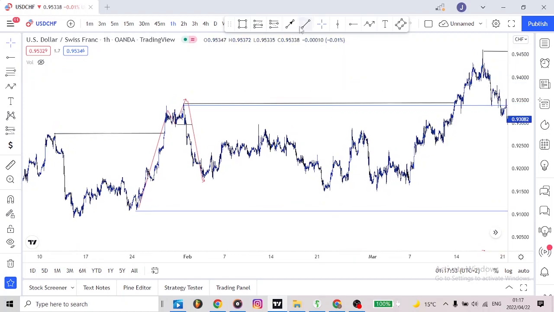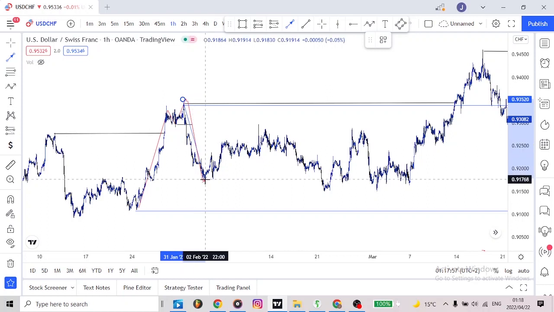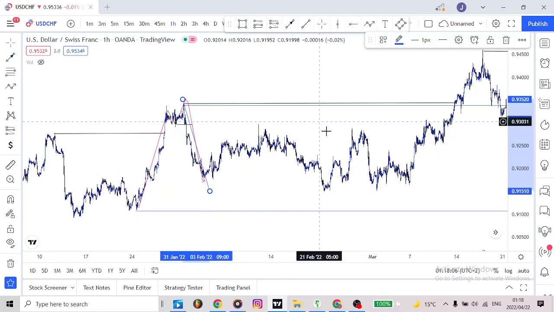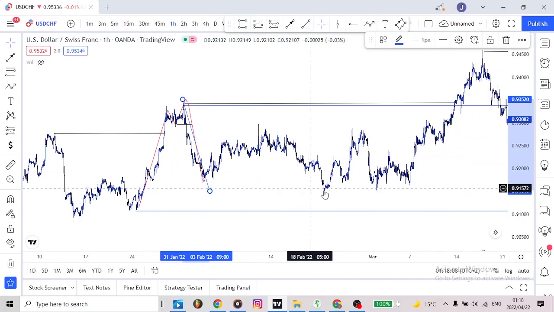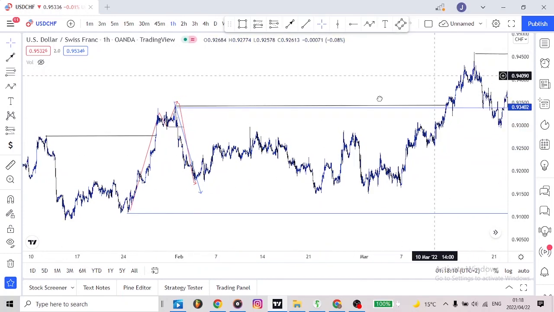So that part over there now becomes our shallow pullback. Obviously the market did play out something here, but it was still part of the pullback, and then the market started shooting up.